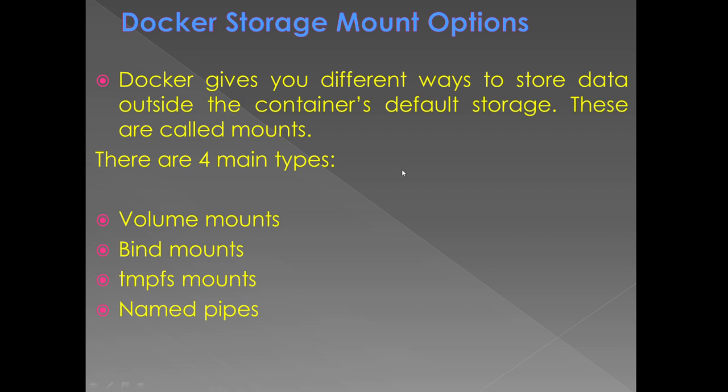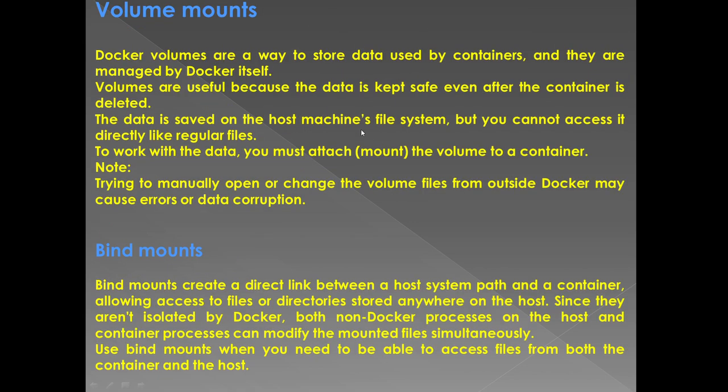Docker storage mount options. We have 4 ways we can store the data: volume mounts, bind mounts, tmpfs mounts, named pipes. First one, volume mounts. Docker volumes are a way to store data used by containers, and they are managed by Docker itself.